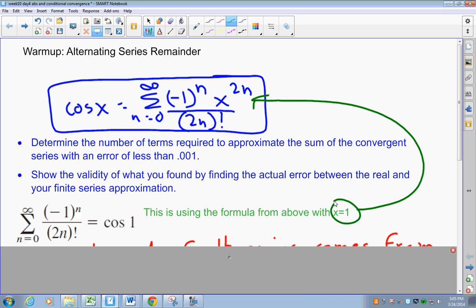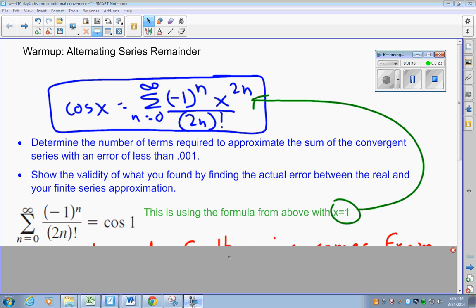So I don't want you looking at that going, why would that series equal cosine of 1? Well, it's just putting in x equals 1, and 1 to the 2n is always just 1. So I want you to try out these two bullet points. You can talk to people on it. I'm going to have you hit pause for this. Once you're ready to look at the warm-up and what I did, you can hit resume. So you're going to hit pause now. Good luck.